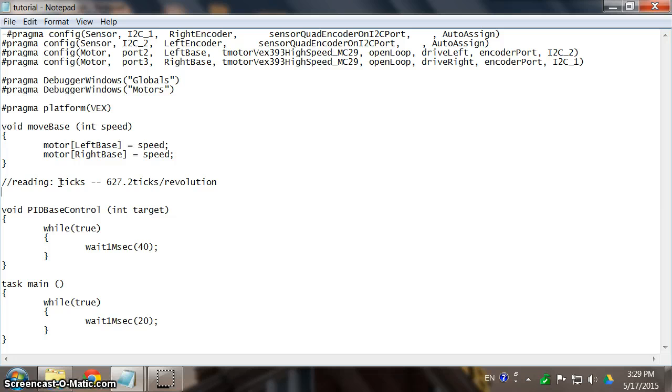In this case, what we know is that for every one turn of the wheels, and we assume that they are 4-inch diameter wheels, just basically omni wheels, that is equal to 627.2 ticks.